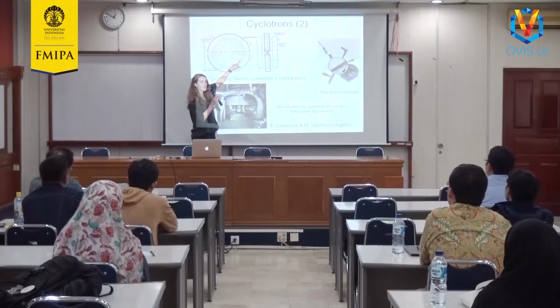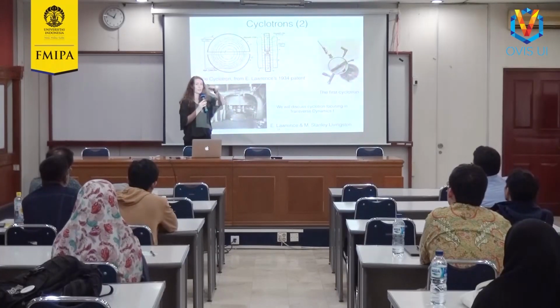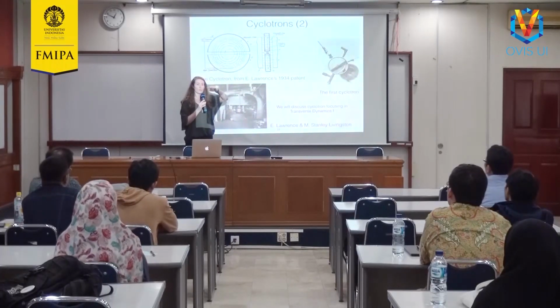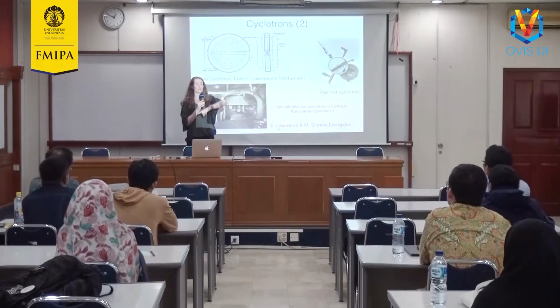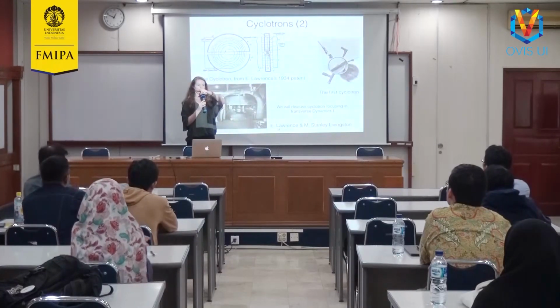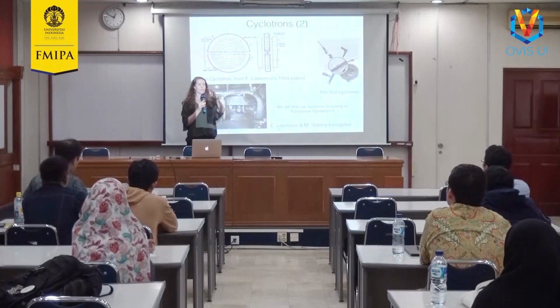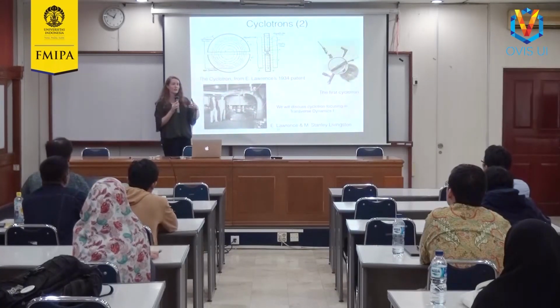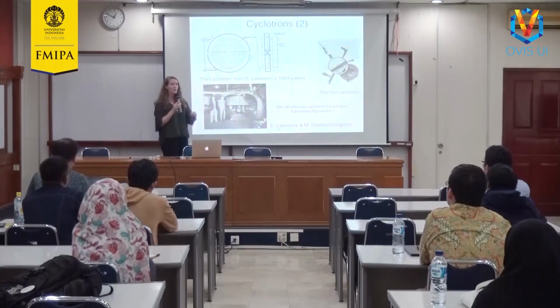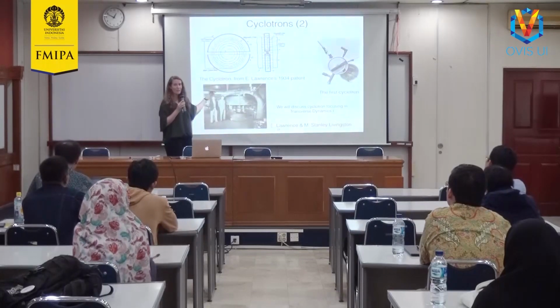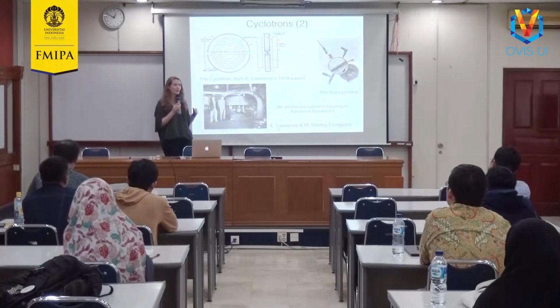But once you reach relativistic speed, the speed is always the same, which means that as you have a bigger circle, the revolution frequency gets slower and slower, and you're no longer accelerating anymore. So that's why the energy limit of a cyclotron is limited. You can't keep going up.